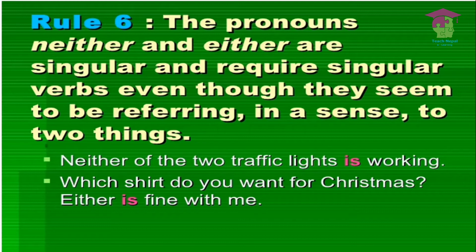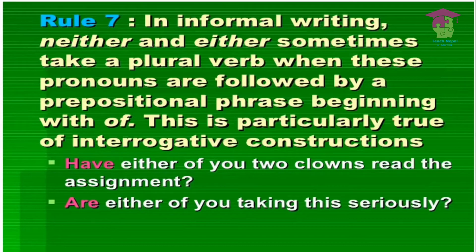Though it's plural, you are referring to plural, or it means either black or blue is fine, we mean to say, right? Next, you see in informal writing, neither and either sometimes take plural verb when these pronouns are followed by a prepositional phrase beginning with of, right?